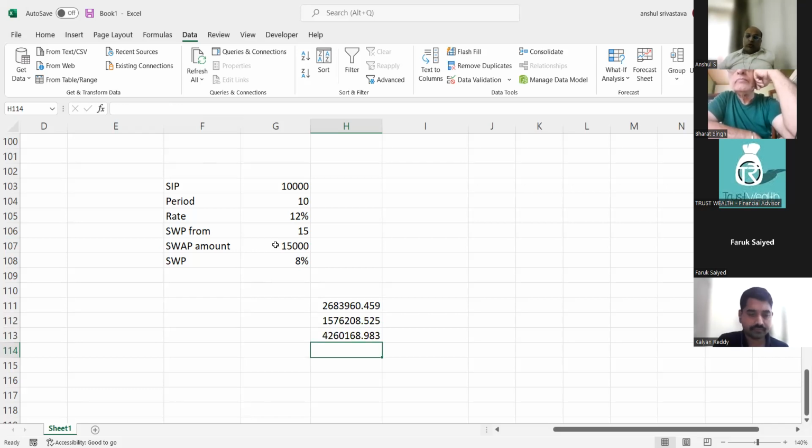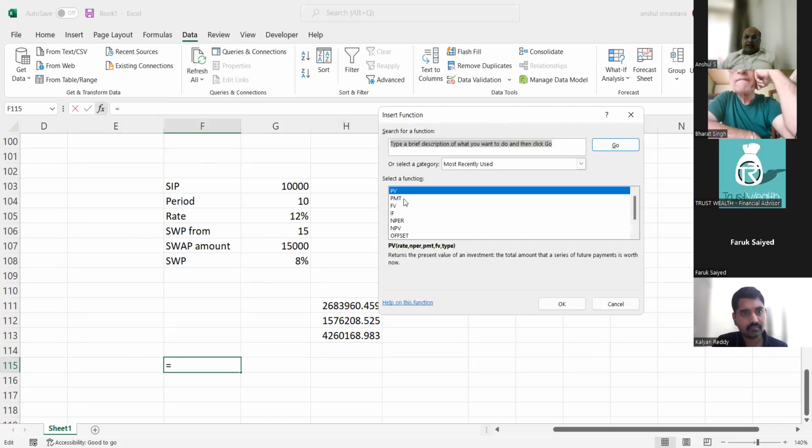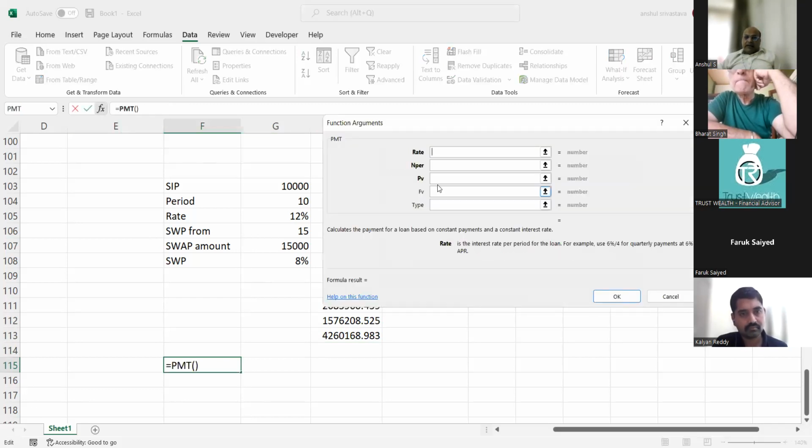Correct? To accumulate this target, I have to make a PMT. Rate is 8%, or rather, I'll say 1 plus 8% to the power 1 by 12 minus 1. Number of periods would be 10 into 12. Sir, वो 12 लेना पड़ेगा ना? 8 लेना. कौन सा?